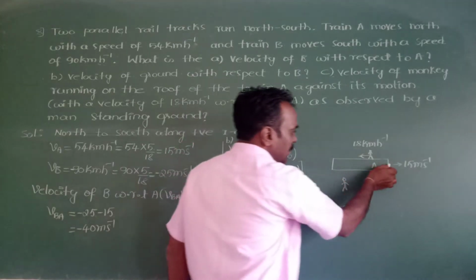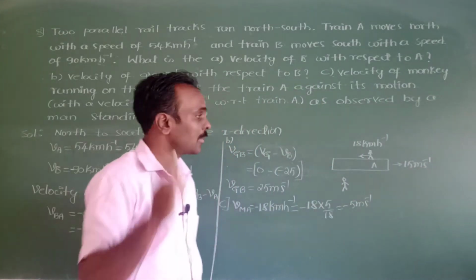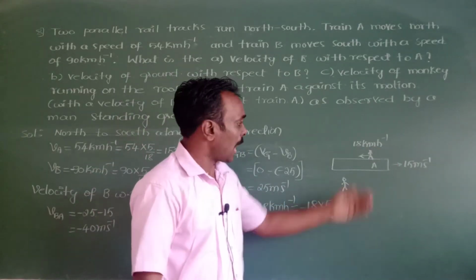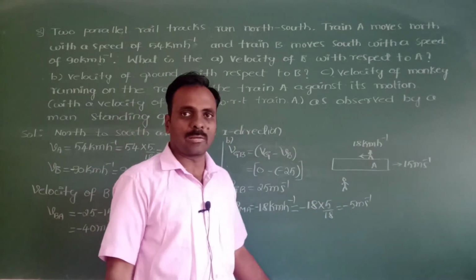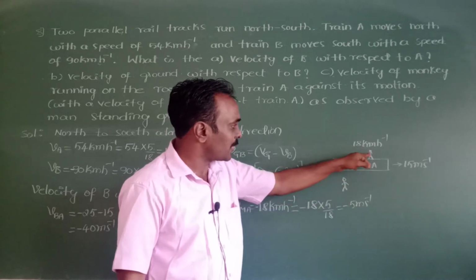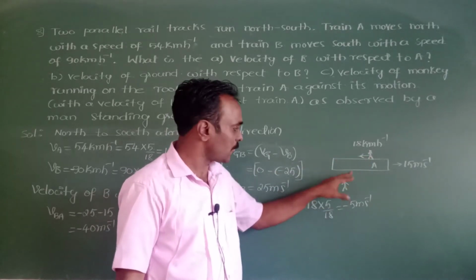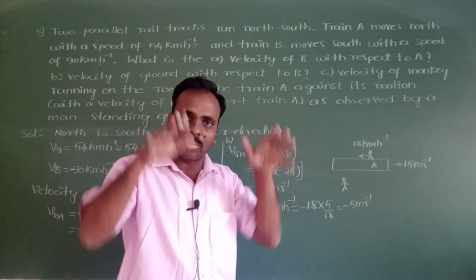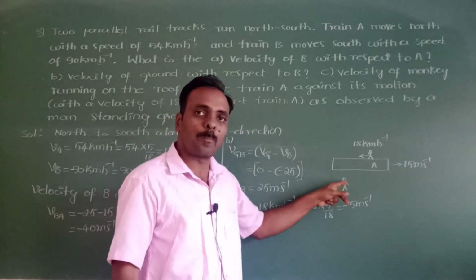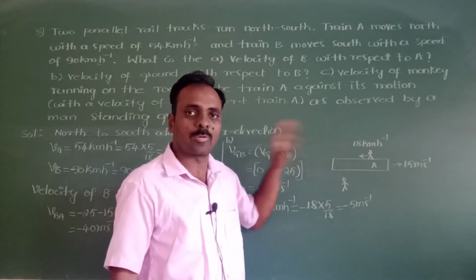The train is moving with a speed of 15 meter per second, and that monkey is moving opposite to that. So what is the velocity of this monkey with respect to the ground? Means, by an observer standing on the ground, the velocity of the observer is equal to 0.